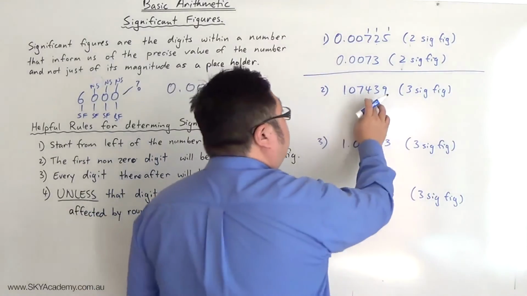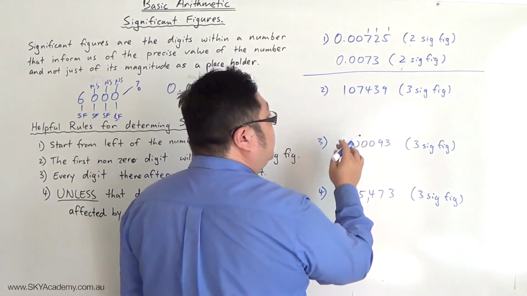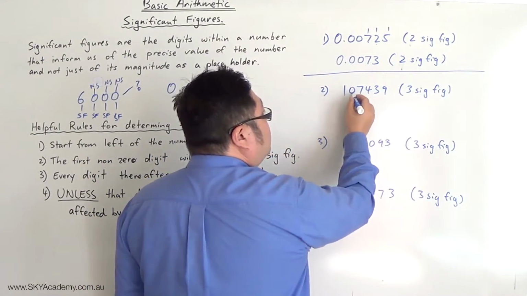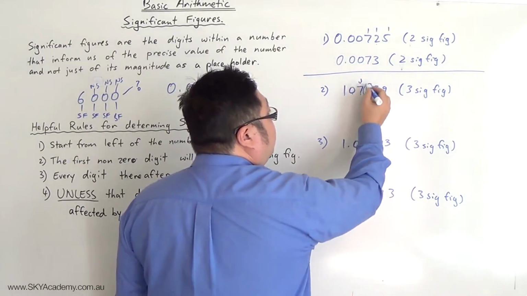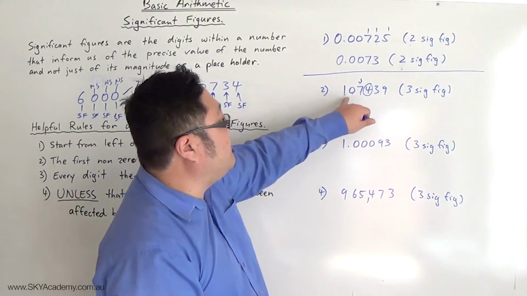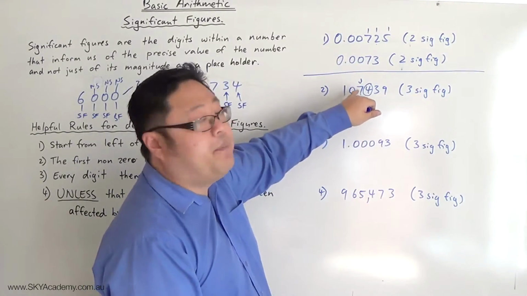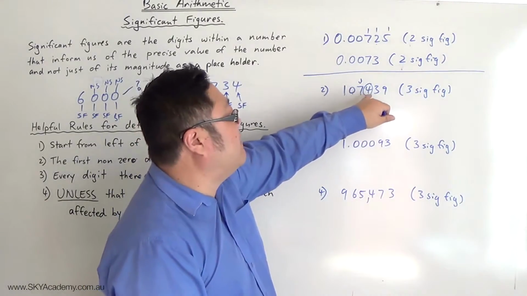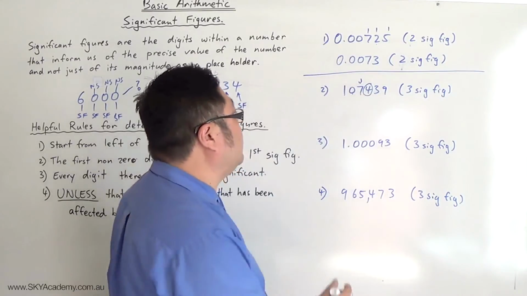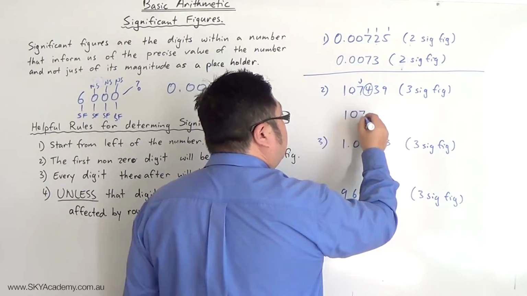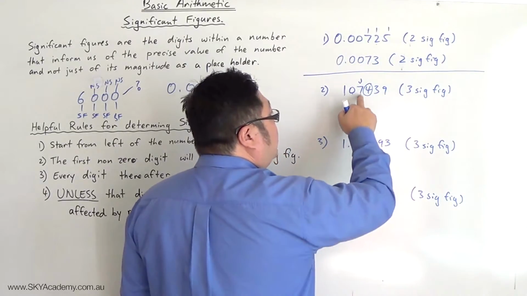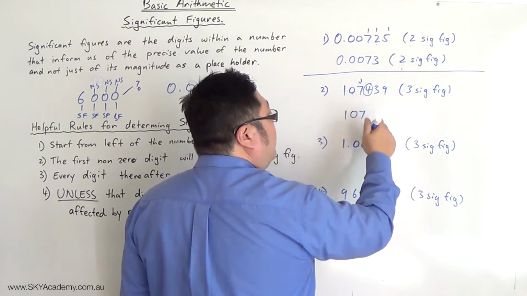Okay, now this one here, we're rounding it to 3 significant figures. 1, 0, and 7 will be your 3 significant figures. You go to the 4th significant figure, and that determines whether everything else needs to be rounded up or whether it stays the same. 4 is less than 5, so the answer would be 1 would be significant, 0 would be significant, 7 would be significant, and it stays at 7 because it's less than 5.